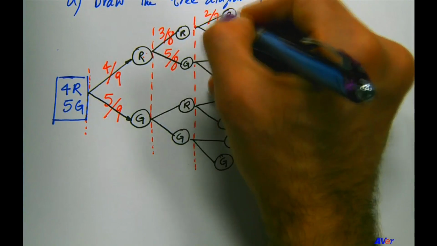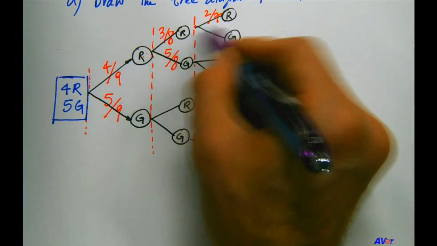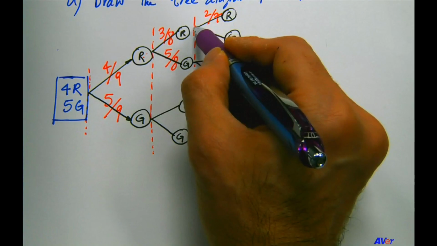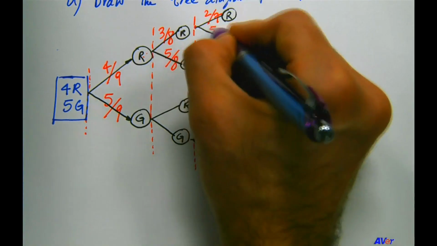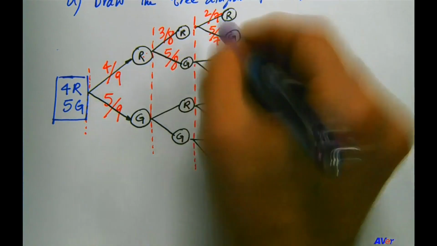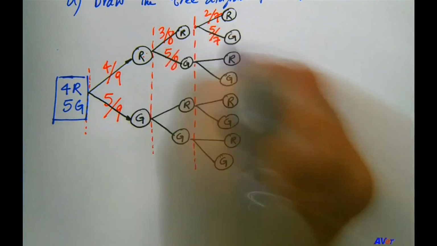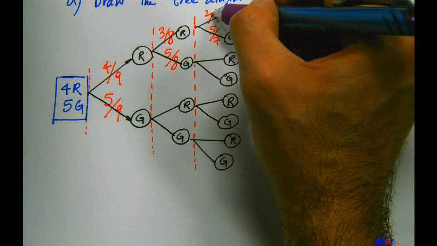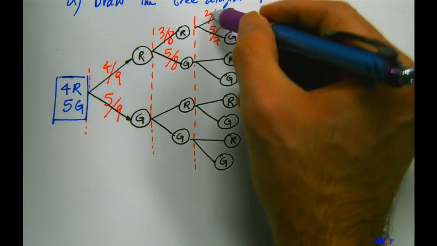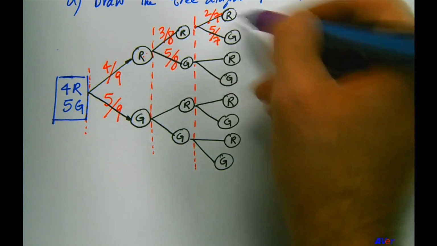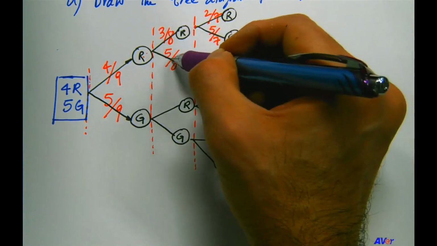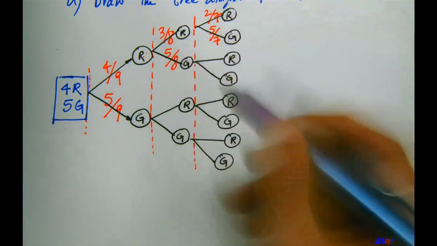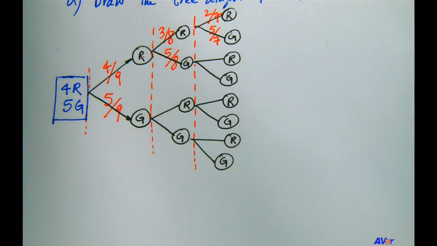And none of the green ones are gone if we're here, so 5 out of 7 is the probability of getting a green object out, right? So once again, add these, you get 1. 2 over 7 plus 5 over 7 is 1. 3 over 8 plus 5 over 8 is 1. And that's true if you're doing it right, you should always get 1.